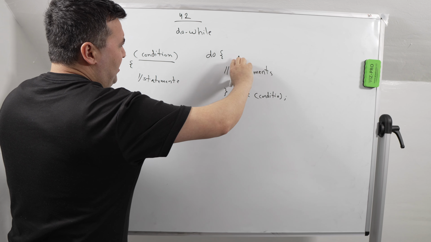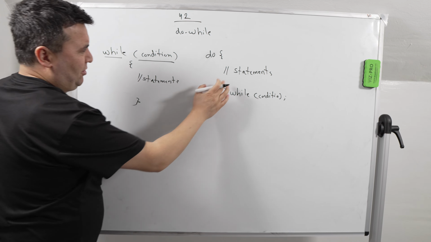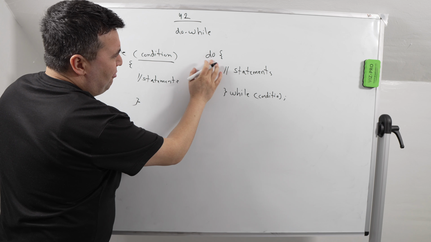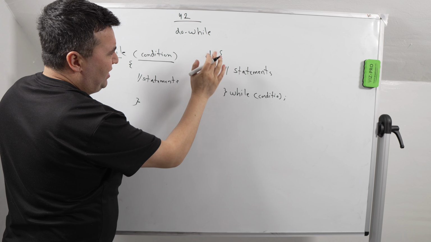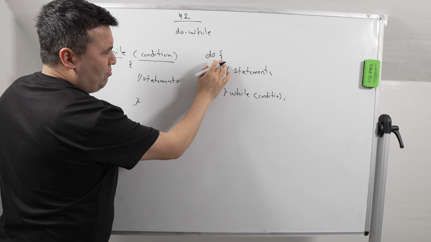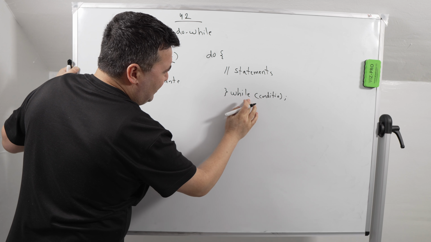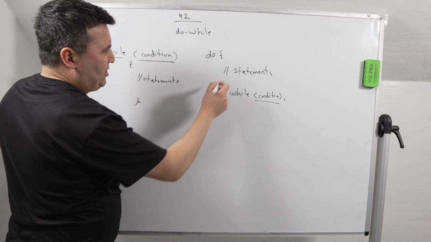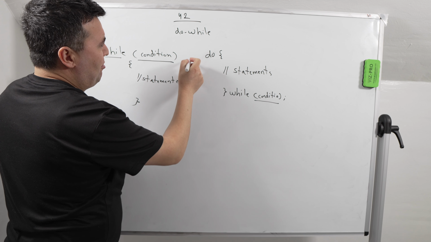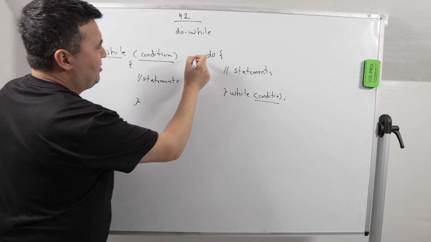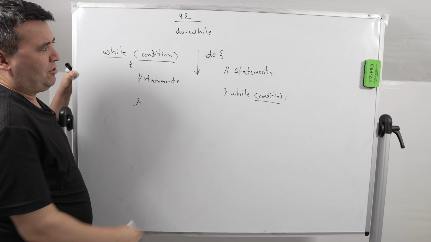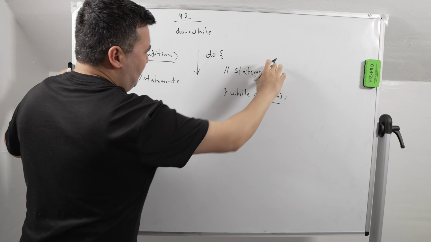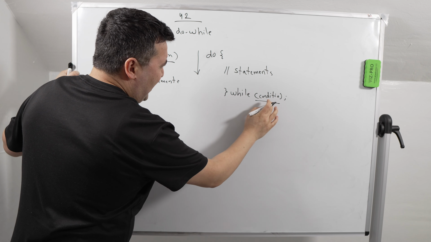Here our statements are executed at least once, because the execution of our program goes from top to bottom. First it comes to do, then it goes inside and executes these statements, and then at the end it checks the condition.